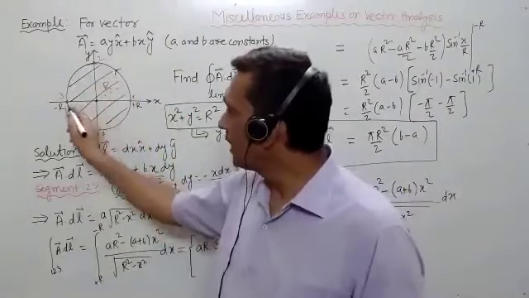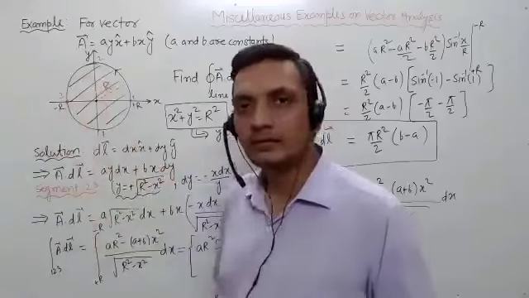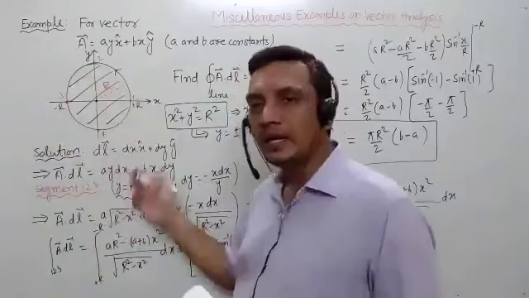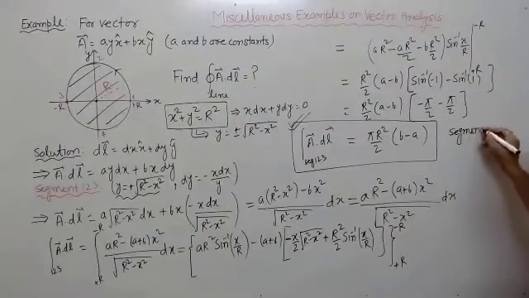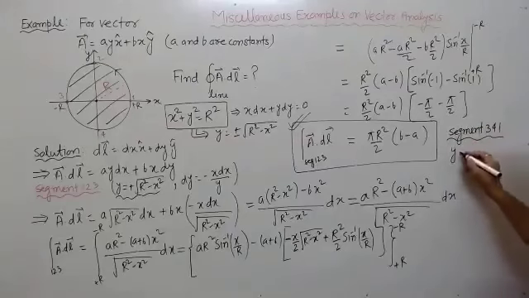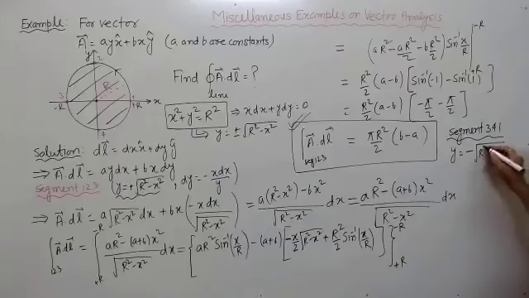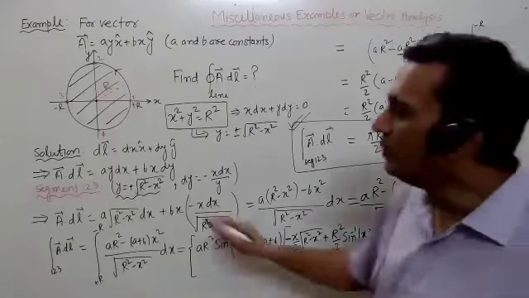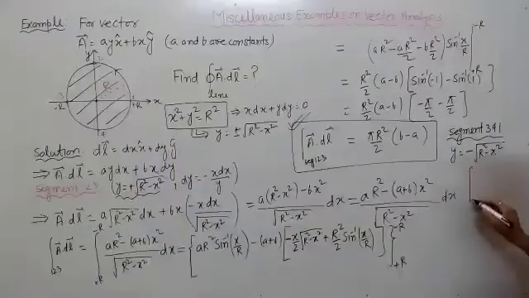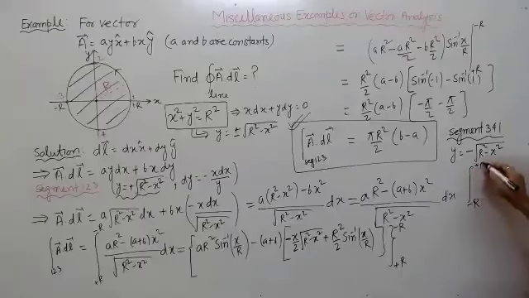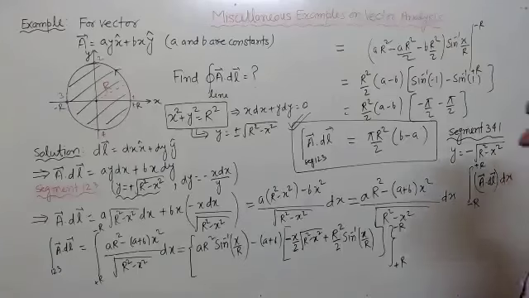Similarly, you have to find it for segment 3, 4, 1. In that case, y will be negative. Is it clear? For this segment, y will be minus under root r square minus x square, and the integral limit will be minus r to plus r. You have to write a dot dl in these terms, and then integrate with respect to x.